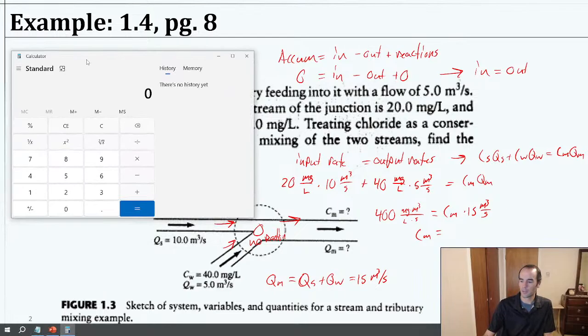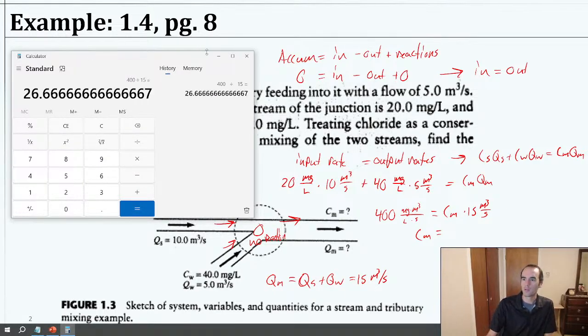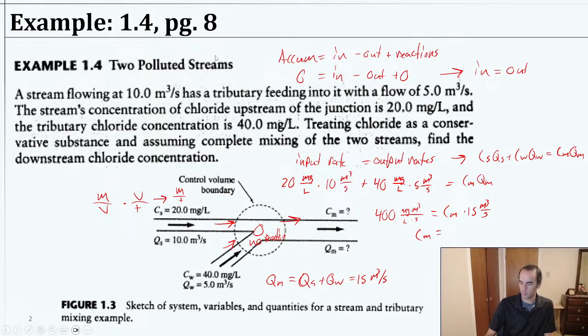Let's do that real quick. It's 26.6 or 26.7 milligrams per liter.